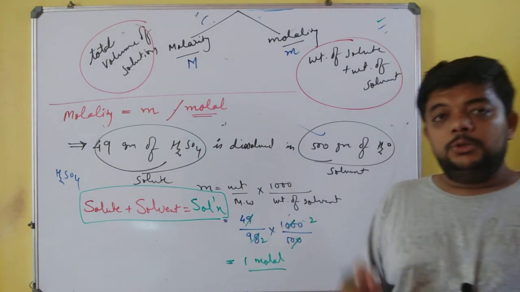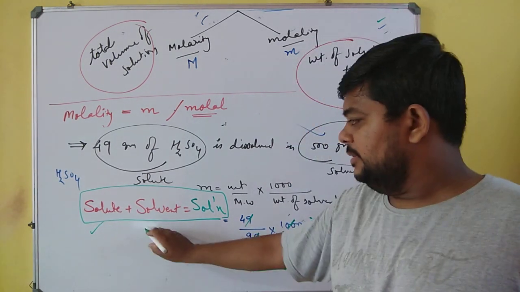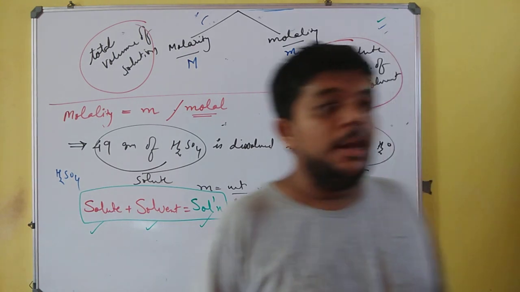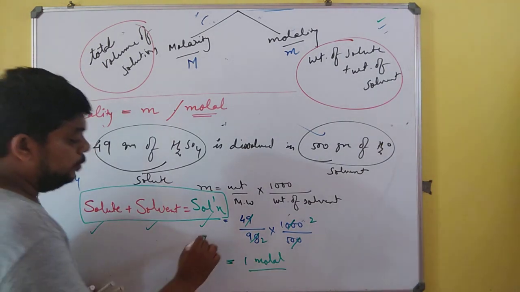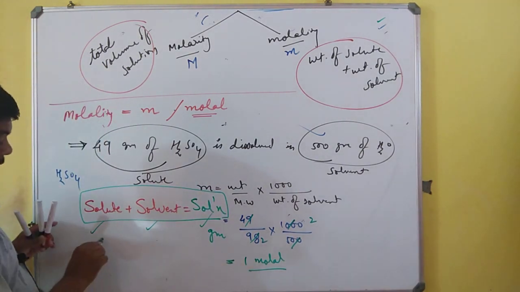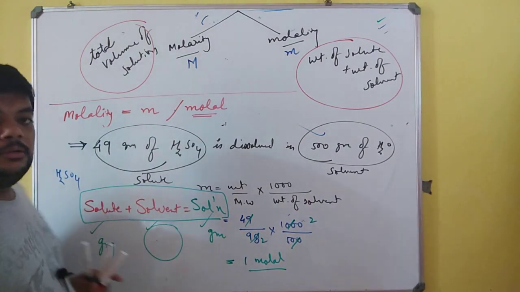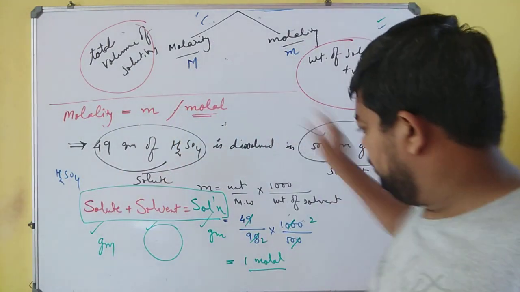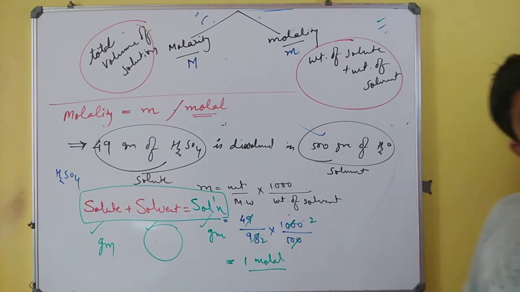The thing to be kept in mind is, if this is gram, this has to be gram. Sometimes in the numericals of molality, you are given the total weight and the weight of solute, but you won't be given the weight of solvent. You can subtract solute from solution and you will end up with solvent.